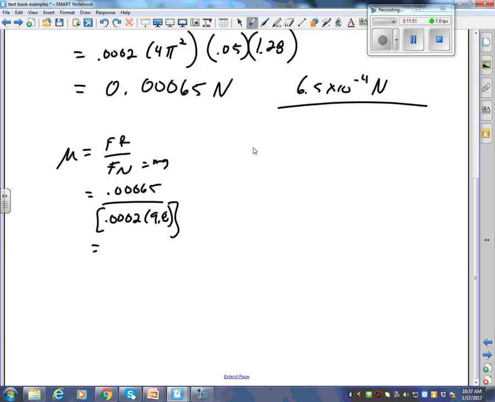So make sure that something like this happens. This would be 0.00065 divided by, and then go bracket 0.0002 times 9.8, and I get 0.33.